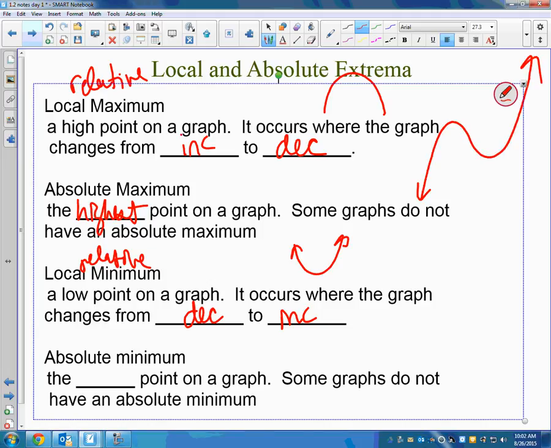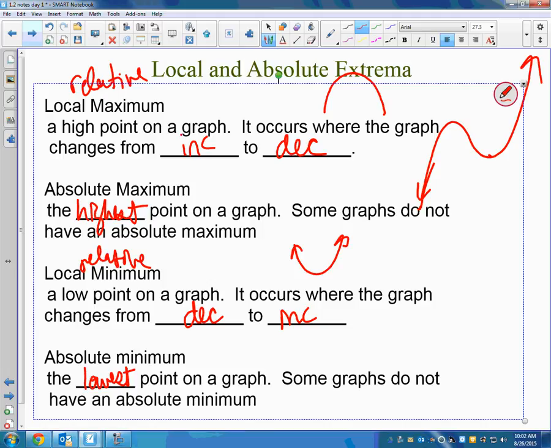If I had a graph like that, that is a local maximum, but there is no absolute maximum because that graph just goes on forever. The same thing with an absolute minimum. A graph might not have an absolute minimum because this graph has a local minimum. It's a turning point. It's a low point on the graph. But this graph keeps going down forever, which means there is no absolute minimum. And so just want to make sure that you know those vocabulary terms as we go forward here.